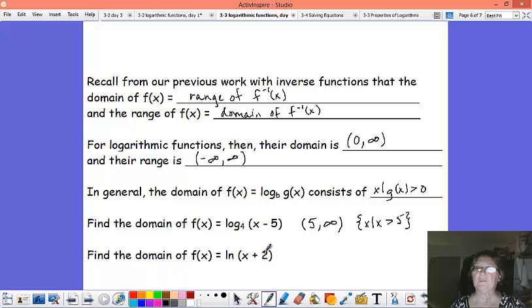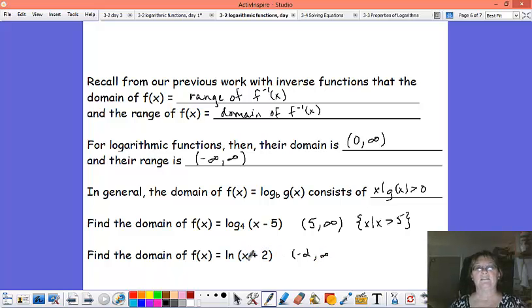Okay. Here, similar thing. This would be a good time to pause the video. Figure this one out for yourself. We want the domain of f of x if that is the natural log of quantity x plus 2. What cannot happen? This cannot be 0 or less. It has to be positive. So negative 2 is not okay. But any number larger than that is okay.